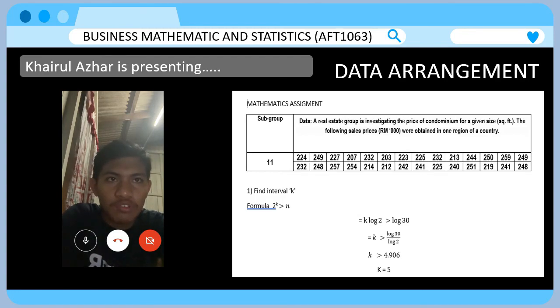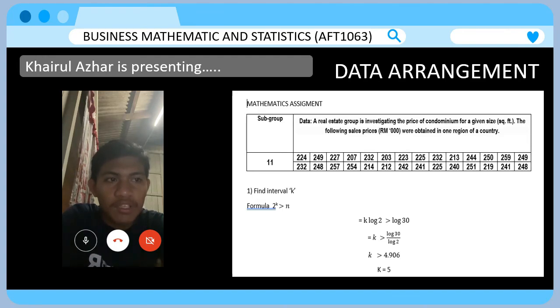Today I would like to continue presenting about data arrangement. So we look at the data. There are 28 data. Firstly, we find the interval k. We use the formula 2 to the power of k greater than n. We apply it in the formula and change to log to make it easier.